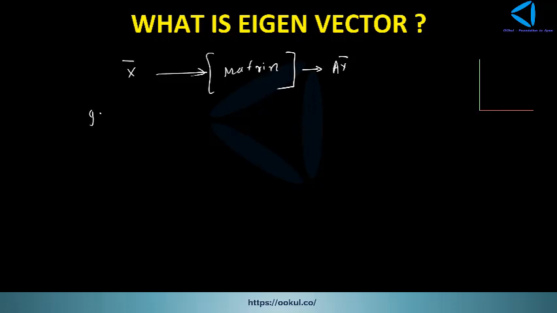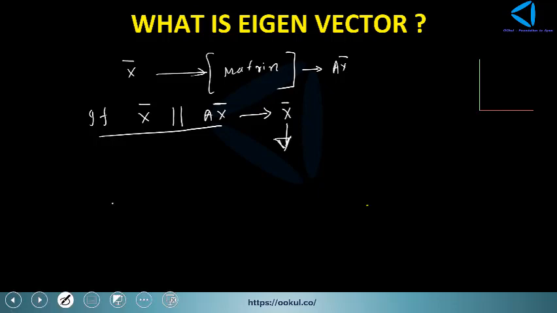So if x is parallel to Ax, then the vector x is called an eigenvector.